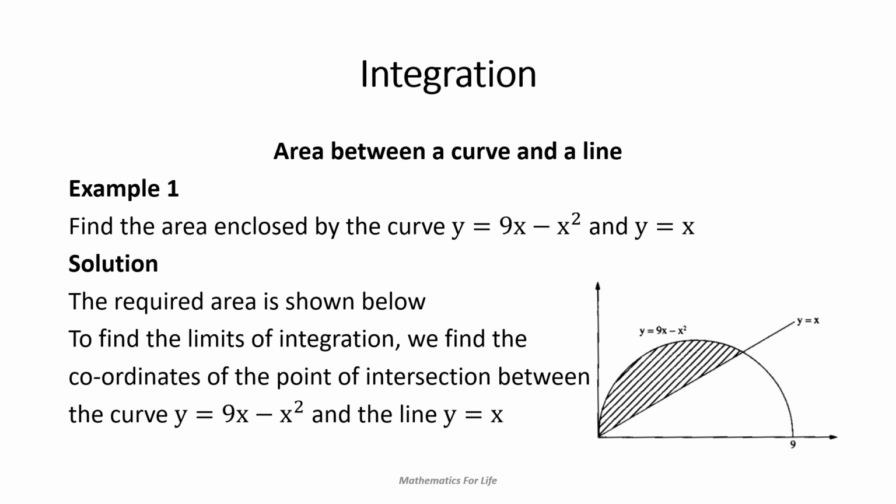So for us to be able to determine what that area is going to be, remember we need to have the limits within which we are going to integrate our curve and evaluate the integral for the provided limits. Therefore, to find the limits of integration, we find the coordinates of the point of intersection between the curve y equals 9x minus x squared and the line y equals x.